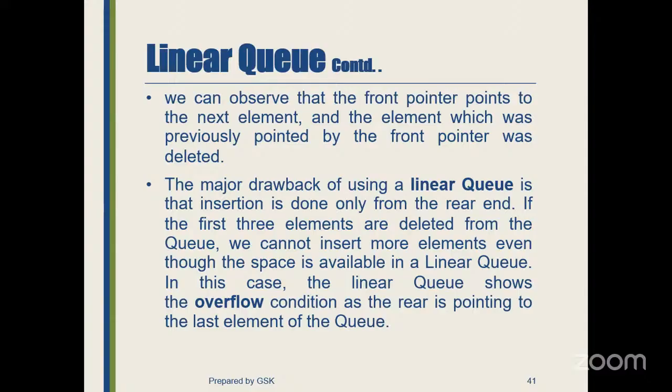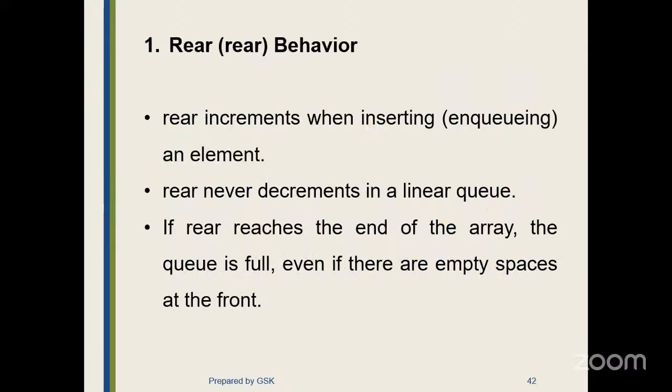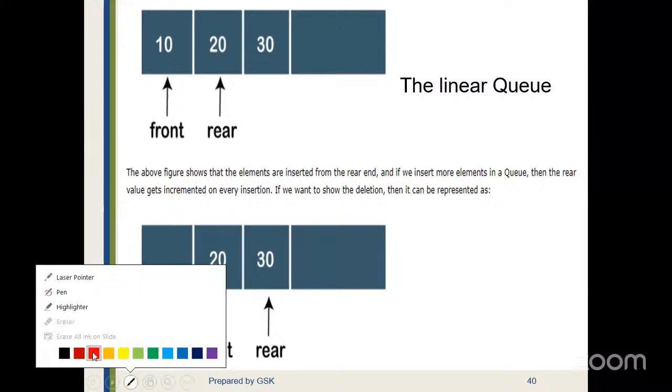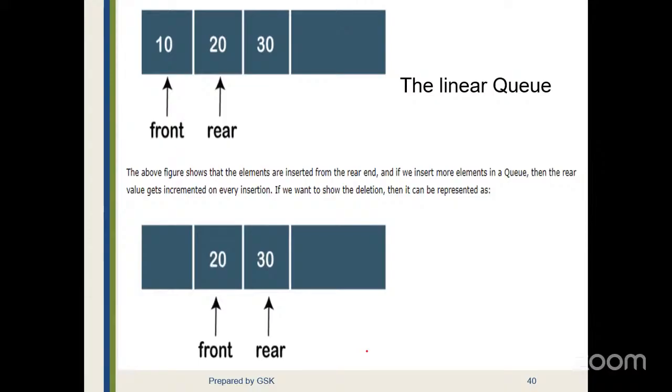So in this case, the linear queue shows the overflow condition as the rear is pointing to the last element of the queue. For example, let us say we have the queue like this and rear is incremented, and finally rear reaches this point. Say you store 40 here and 50 here.